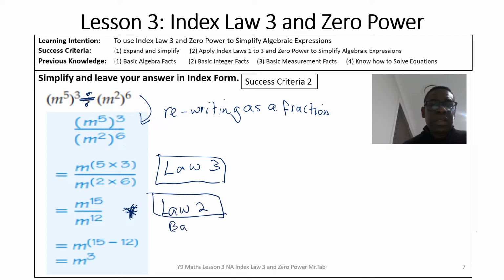The base is m. So with law 2, you subtract the indices. And that's what we are doing here. That's law 2. And 15 minus 12 gives us 3.